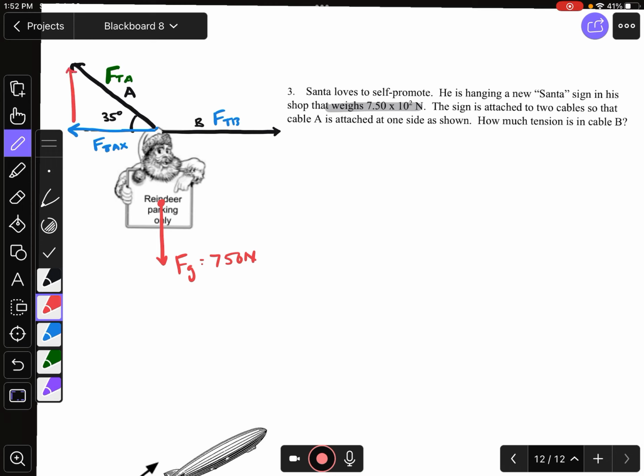And when I break this up, I'm going to call this FT A in the Y direction. Excellent. All right. So the question asks, hey, what's the tension in B? So we're looking for what is this?